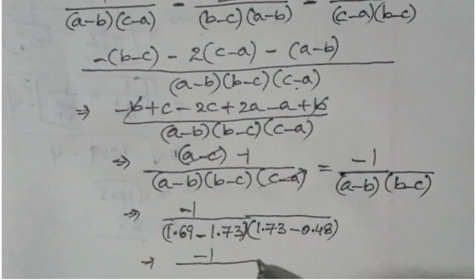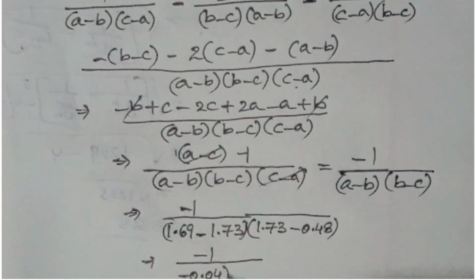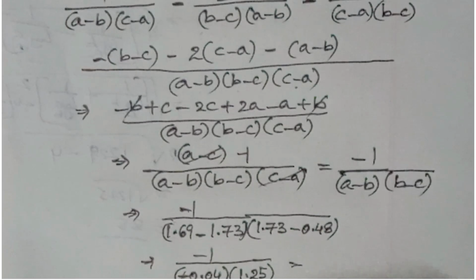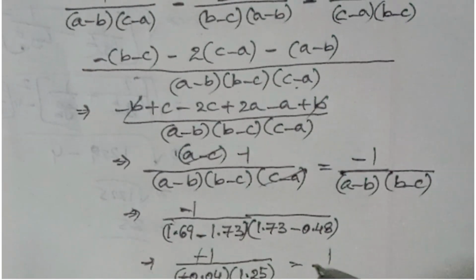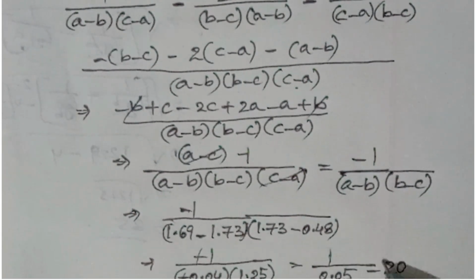Minus 1 by minus 0.04 into 1.25. The minus signs get cancelled. 1 by 0.05, which is nothing but 20.